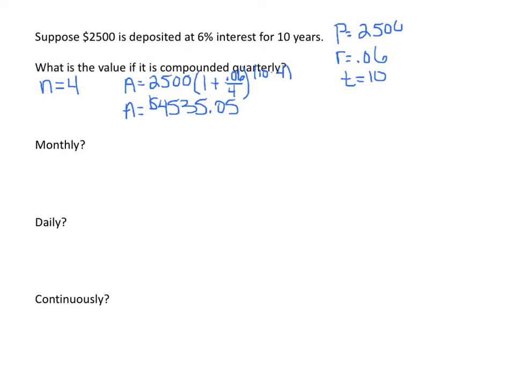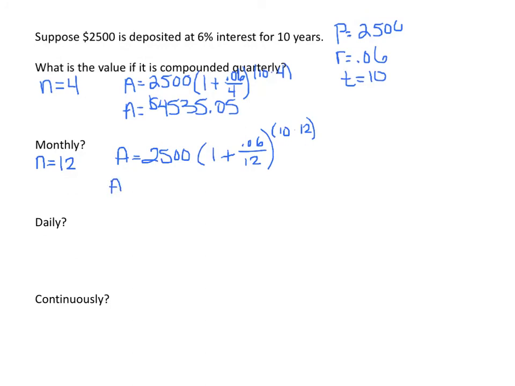Let's take a look if the interest is compounded monthly. In that case, n is equal to 12. What changes in our equation? Well, we've still got A. We've still got 2,500. We've still got 1 plus 0.06. This time we divide that by 12, and we take that to the power of 10 times 12.